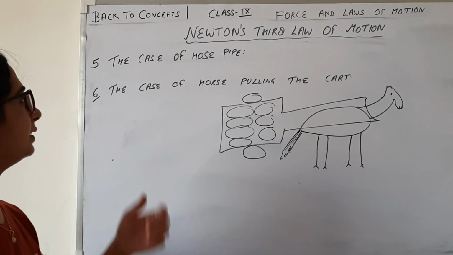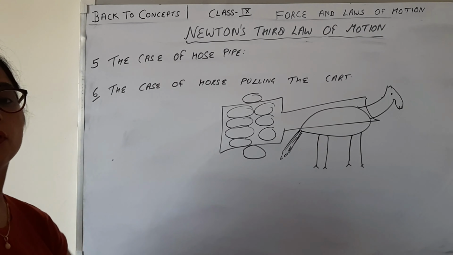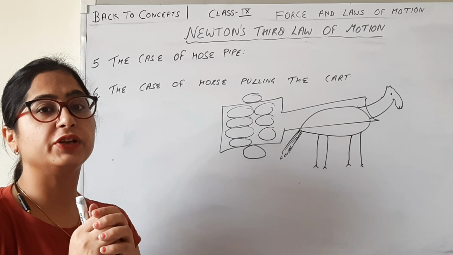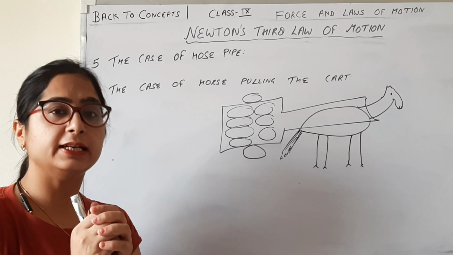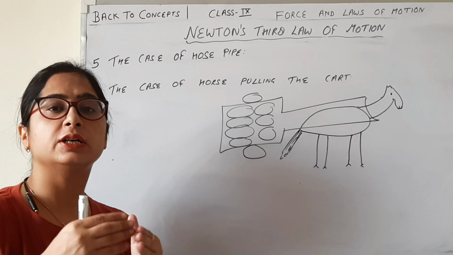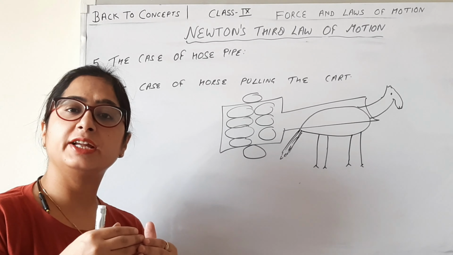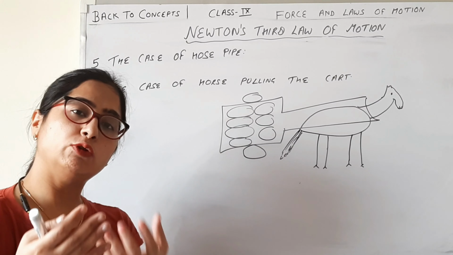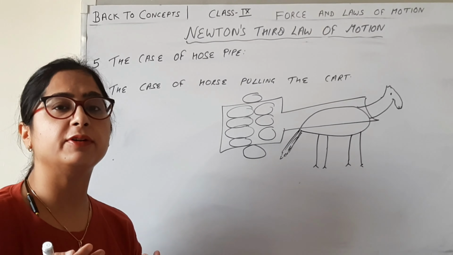Now let's discuss example number 4, the case of the hose pipe. When a fireman holds the high stream water pipe in his hand, he must feel a backward force. Suppose the high speed water stream moves in the forward direction, and it will exert an equal and opposite reaction in the backward direction.